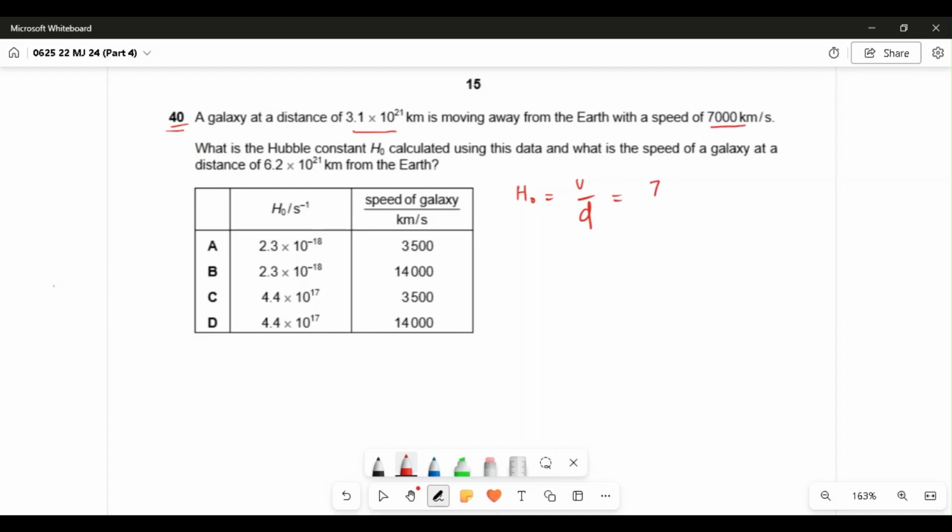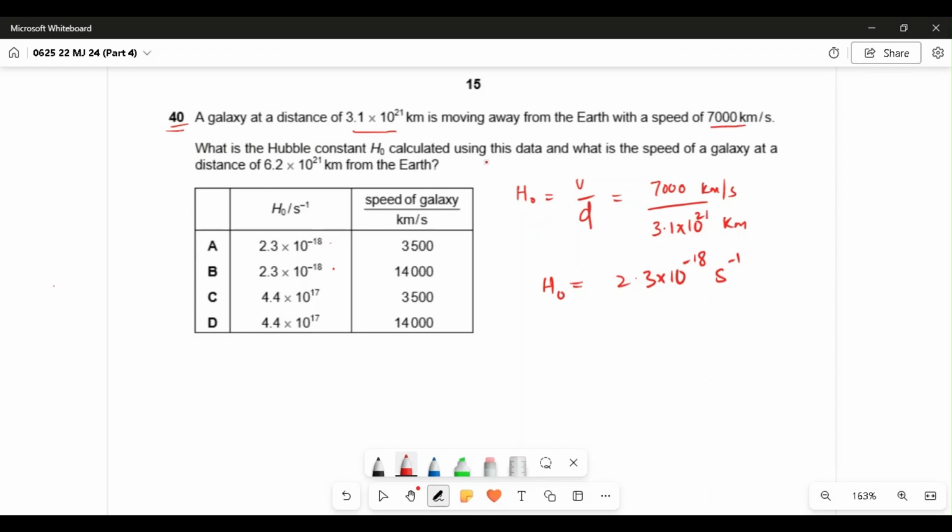The speed is 7,000 kilometers per second over 3.1 times 10 to the power 21 kilometers. So the Hubble constant is 2.3 times 10 to the power negative 18 per second. So it is either A or B.